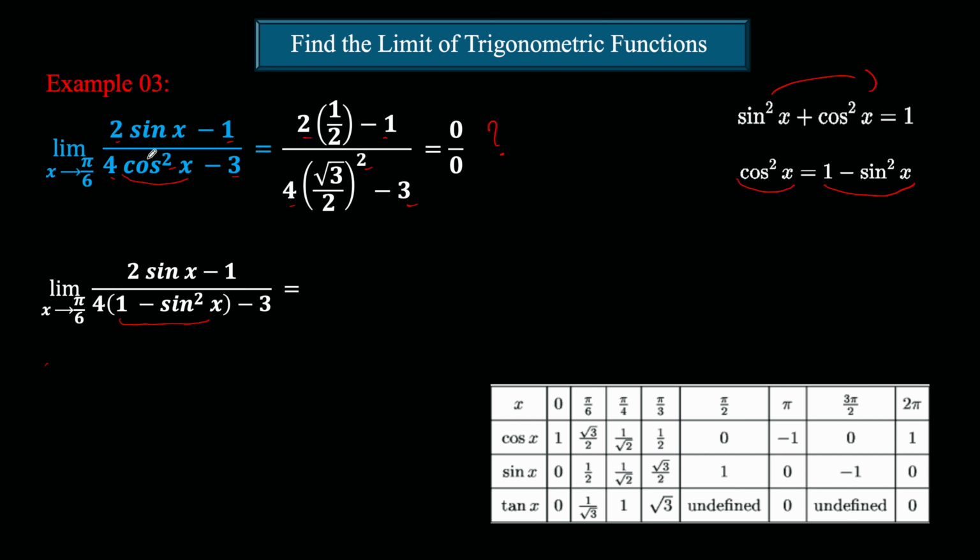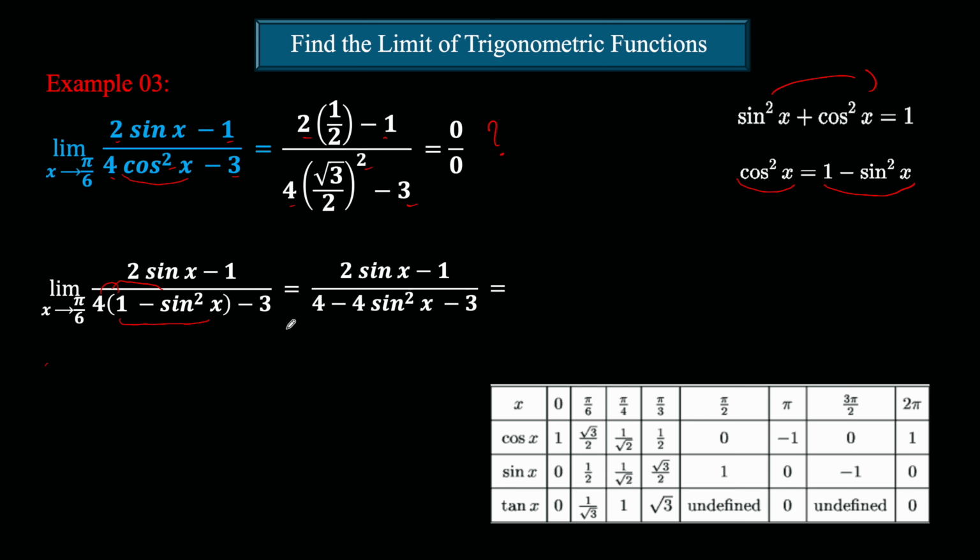We can substitute cosine square x by 1 minus sine square x. Then we will multiply 4 by 1 and 4 by sine square x. We will get 4 minus 4 sine square x and 3, and the numerator we didn't touch, okay?